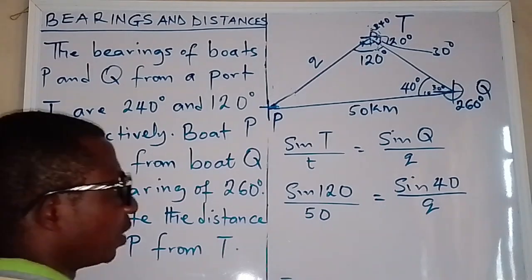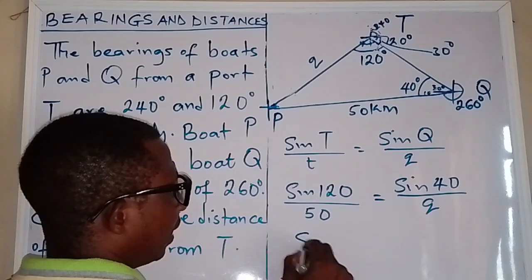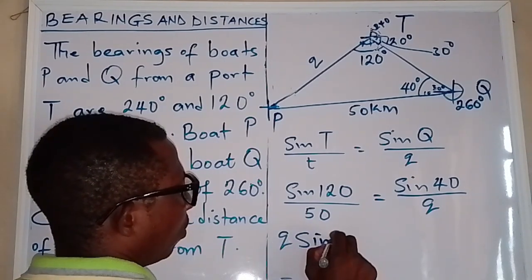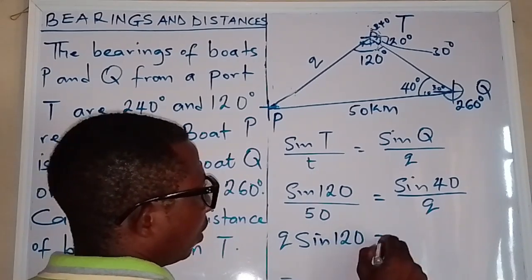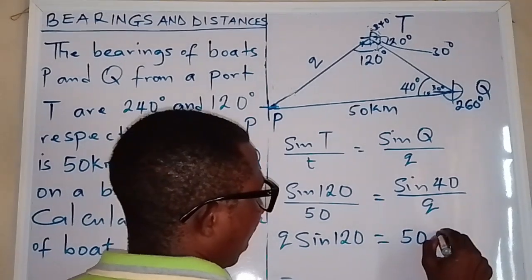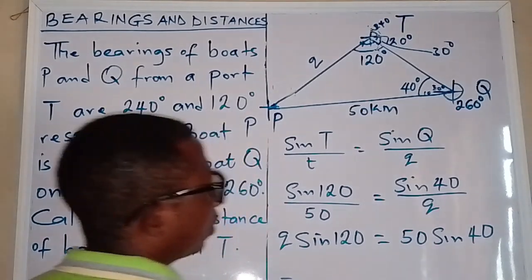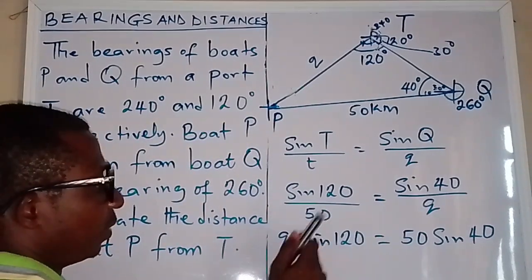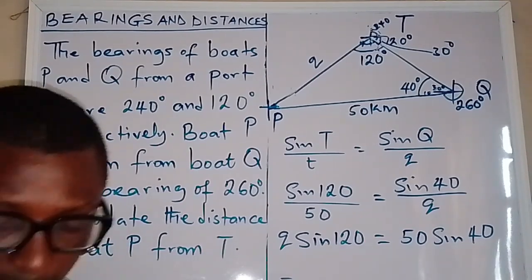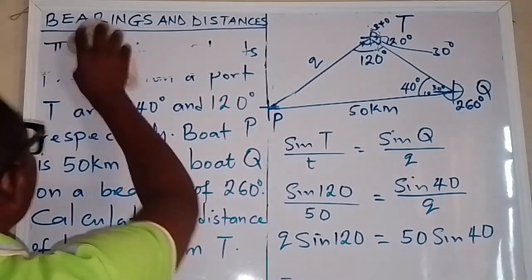So you can cross multiply. When you cross multiply, you have sine Q times sine 120 degrees equals 50 sine 40 degrees. This times this, you have this. This one times this, you have this.